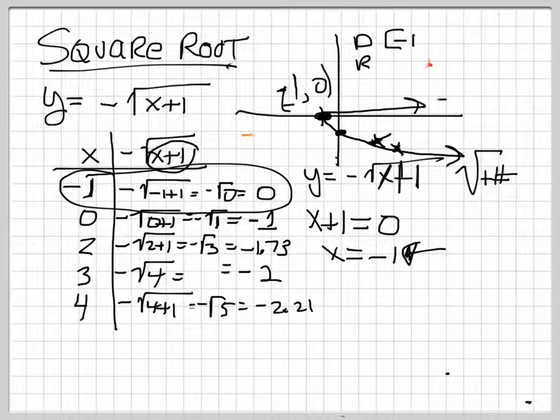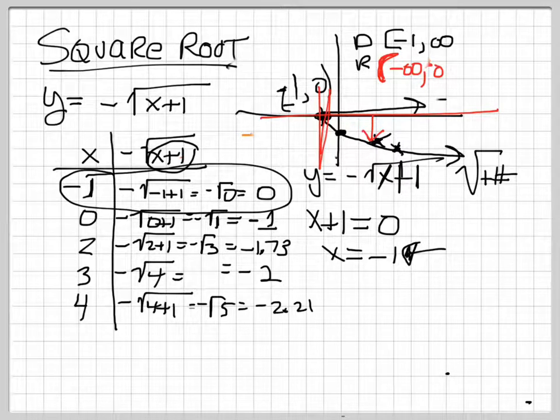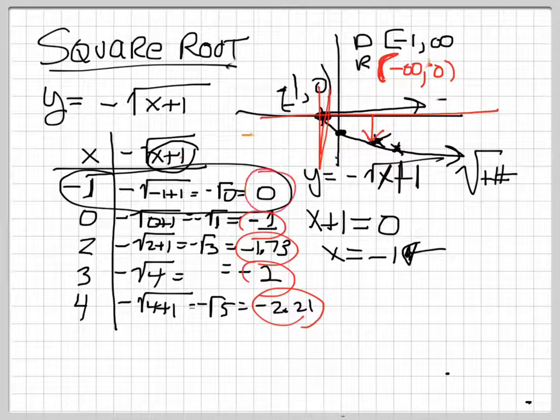So I'm going to write this as negative 1 to infinity. Now the entire range, notice, starts at 0 and the entire range takes place below 0. So my range, going to need a parenthesis, is going to go from negative infinity to 0. Because all of the y values are negative numbers with a ceiling at 0.